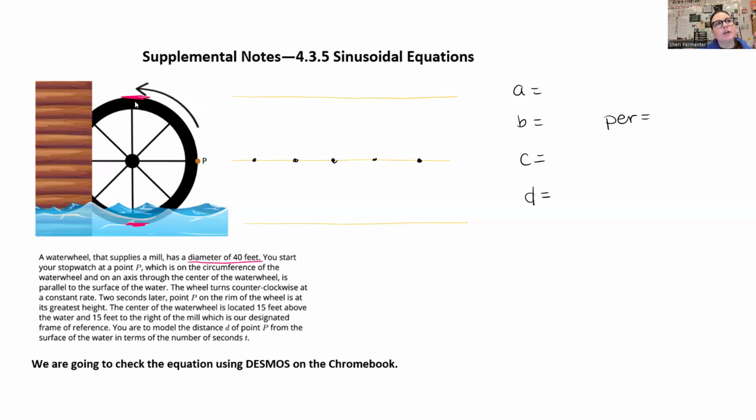So if the diameter is 40 feet, then I know that my amplitude goes from the center to the top or the center to the bottom. How could I find my amplitude if I know the diameter? Well, what's the radius if I know the diameter? Half. So I know that the diameter is 40 feet. Let's divide that by 2. So I know that the amplitude, which also corresponds with the radius, is going to be 20 feet.